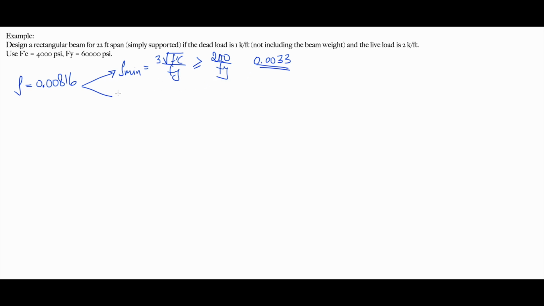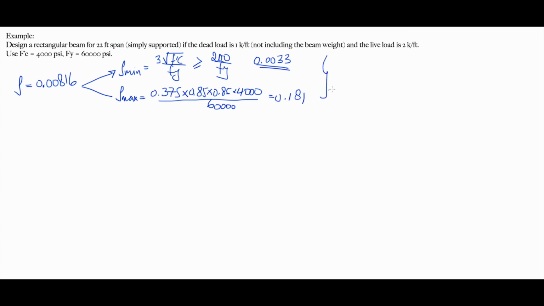And rho maximum, we can calculate it by the equation that I showed you last time, times beta, which is 0.85, times 0.85 times fc prime 4000 divided by fy 60,000, and this will give you 0.181.